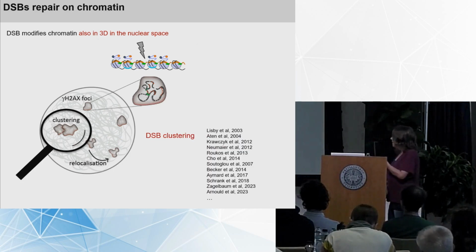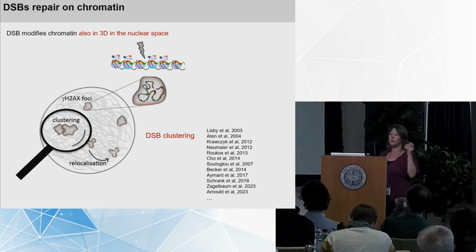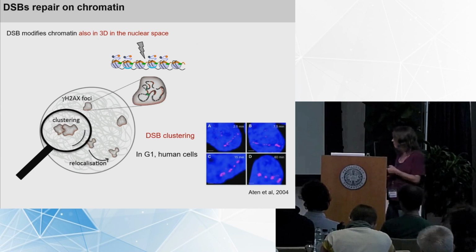Right, and there is another process that has been studied a lot as well, which is what we call DSB clustering. That was very clear in yeast for a long time, that two DSBs can actually cluster together in the nucleus, but in mammalian cells it has been controversial for a long time.